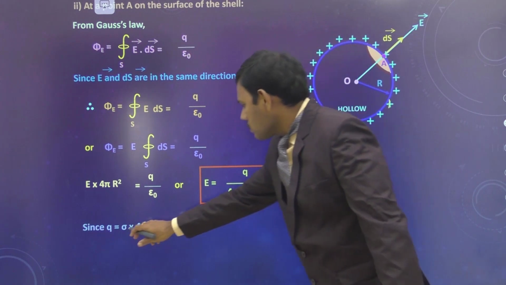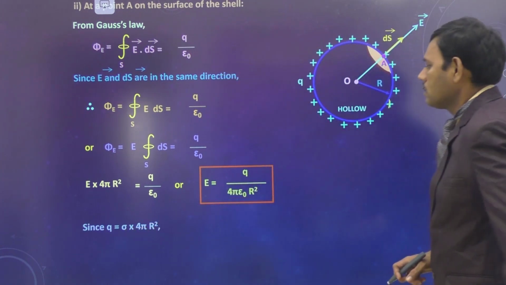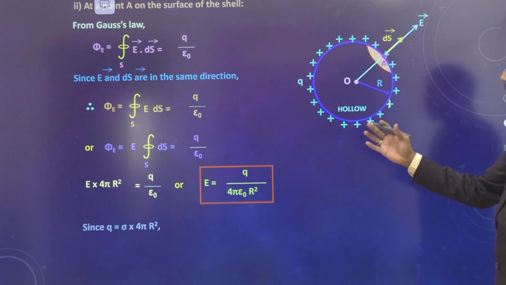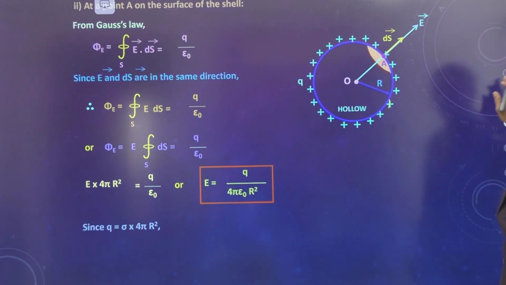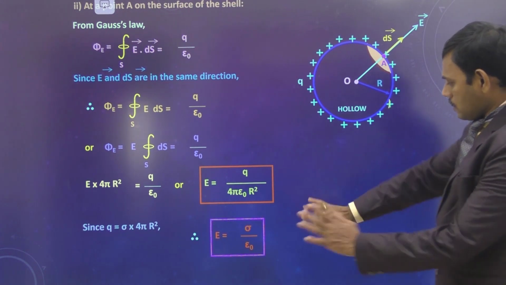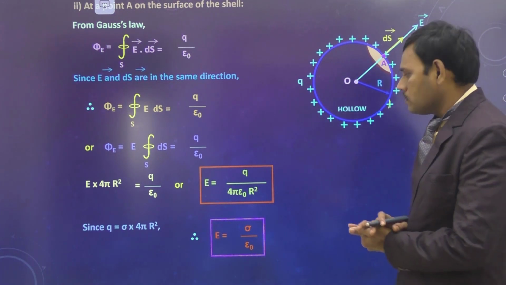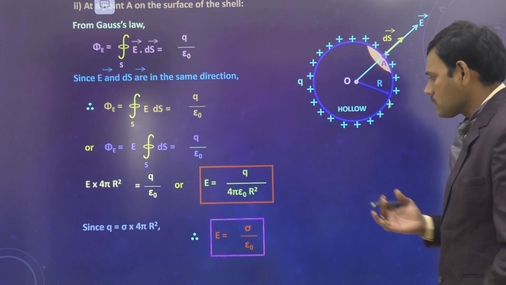And q is equal to surface charge density into area, sigma into 4 pi r square, then capital R square and 4 pi get cancelled, and finally the expression is sigma by epsilon naught on the surface, and outside it is sigma by epsilon naught into capital R by small r whole square.